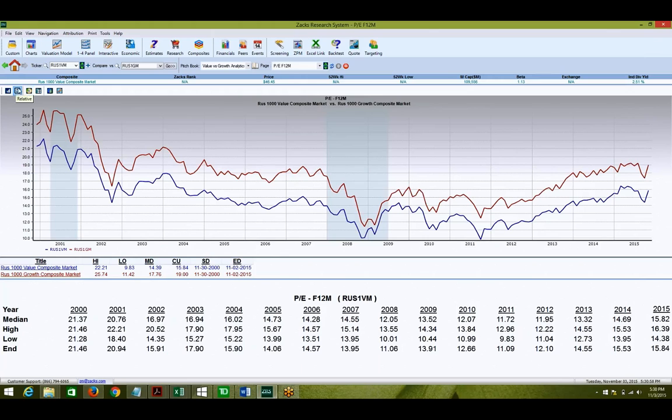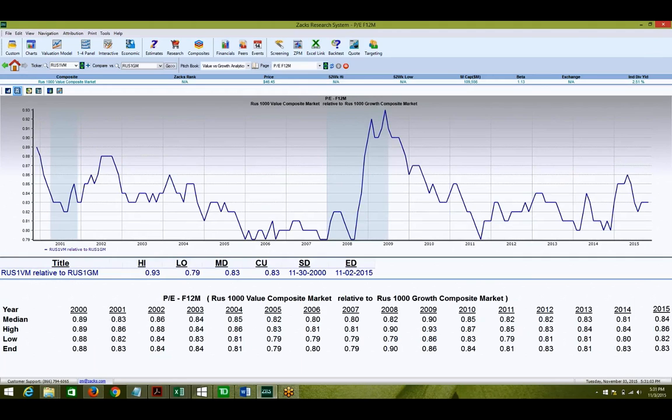Simply click the R button on the charts toolbar, and the answer is revealed within seconds. You can see that the current discount is roughly 17%, as denoted by the ratio of the PE multiples at 0.83, whereas the median value over this entire 15-year period, interestingly enough, is also 0.83.